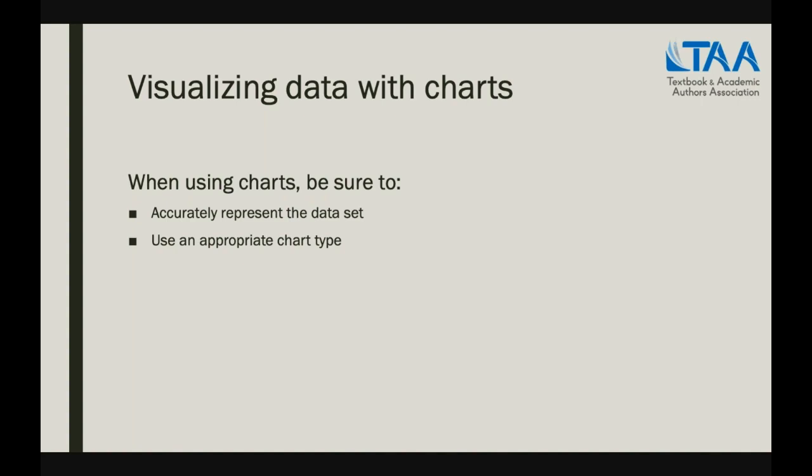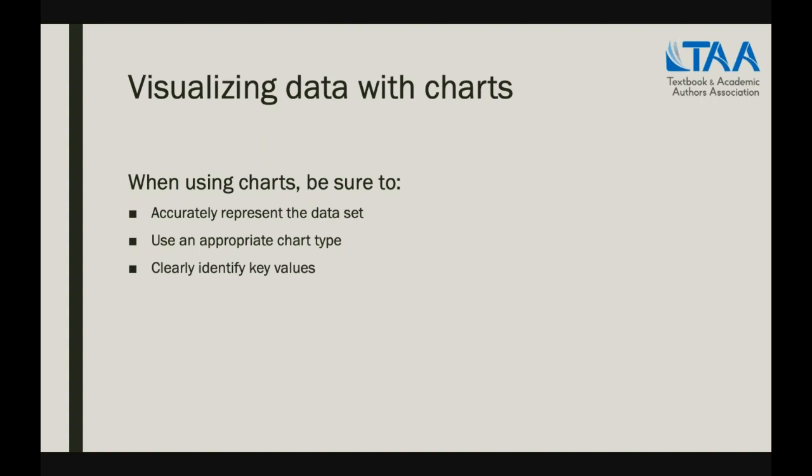So there's a vast variety of ways that we can visualize data with charts. So then it becomes important that we select something that's going to accurately represent that data set through an appropriate type.